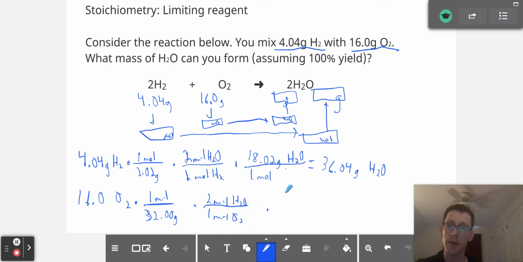And then we'll multiply this by 18.02 grams of H2O that are formed for every mole. And what this brings us to is 18.02 grams of water.